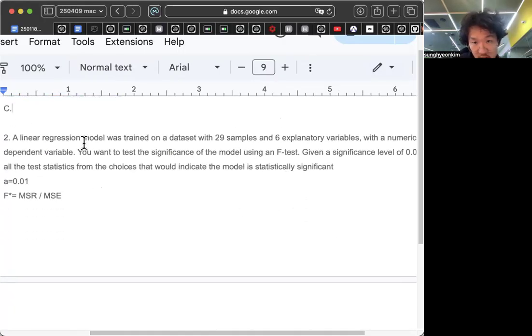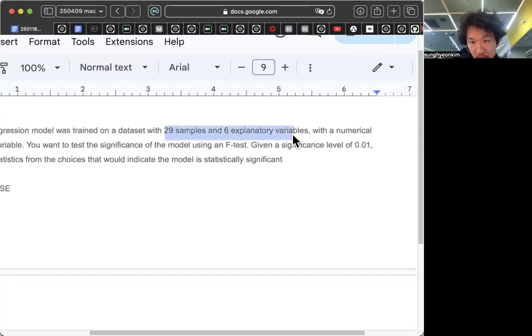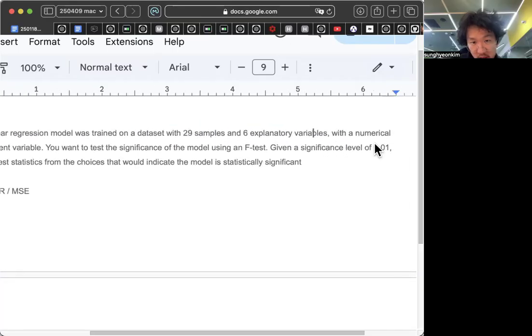And second, in a linear regression model there are 29 samples and 6 explanatory variables.